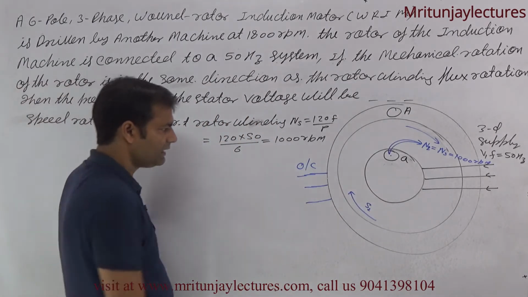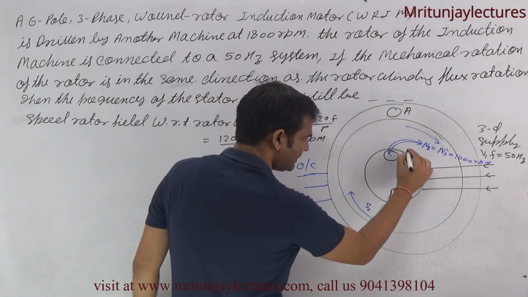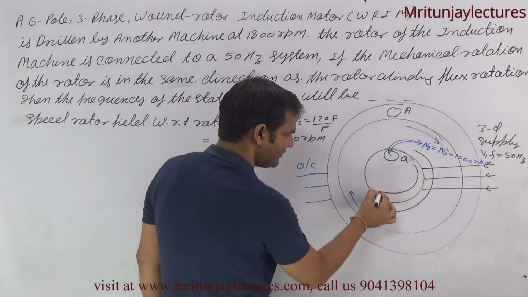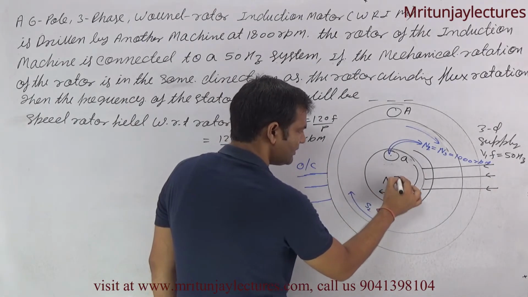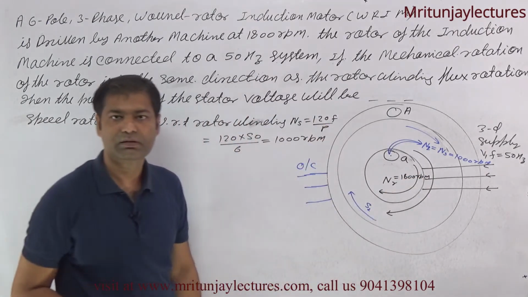First of all, this rotor is rotated in the direction of the rotor magnetic field, like this one, that's why Nr is 1800 rpm, clear?